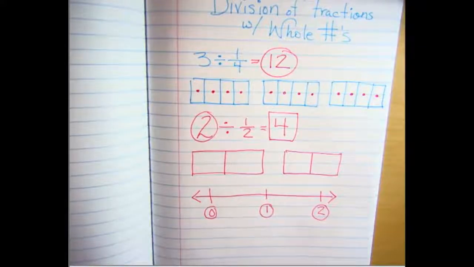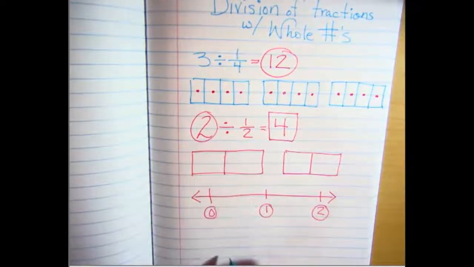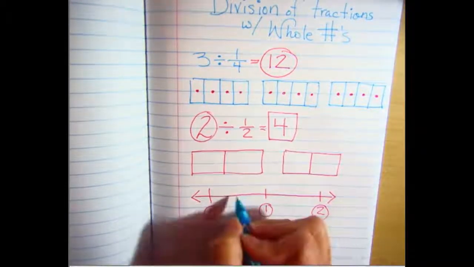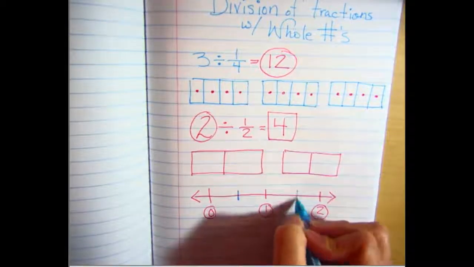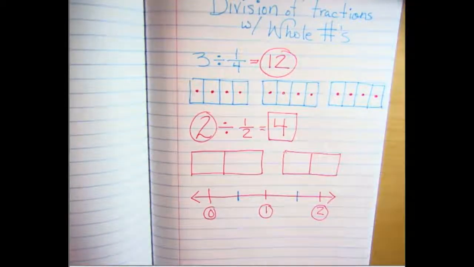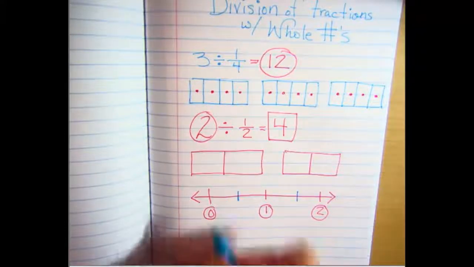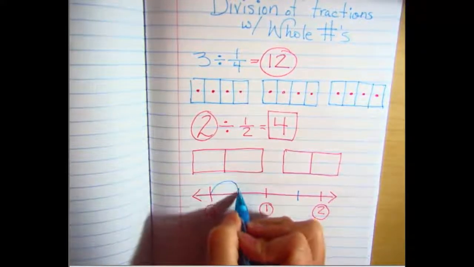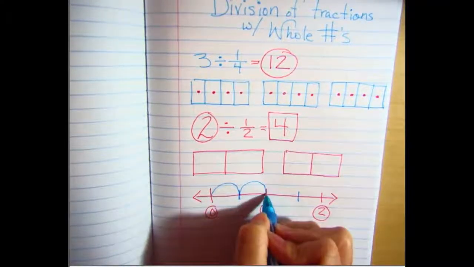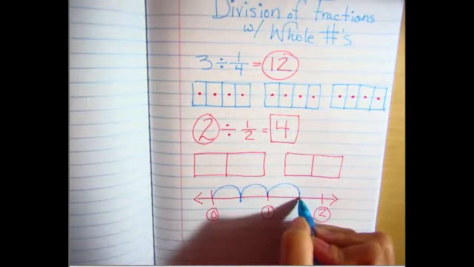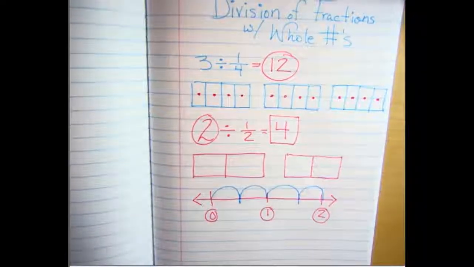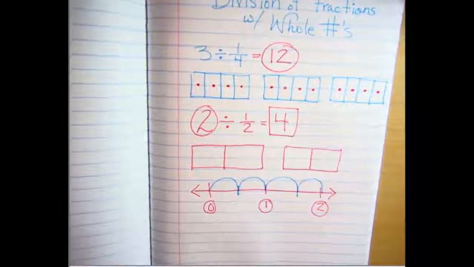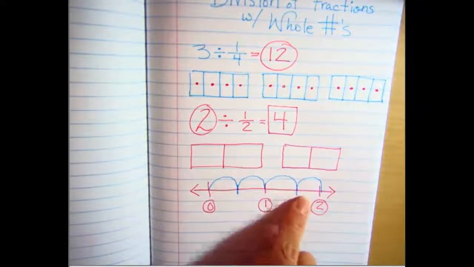If I do 2 divided by 1/2, I'm going to take each inch and I'm going to divide them each into 2 sections there. If I rainbow jump my way down the row, rainbows. How many rainbows did I make? 4. 4 rainbows.